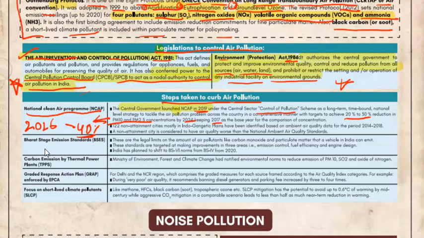Next it is given about the Bharat Stage emission standards. Okay, we all know we have shifted directly from BS4 to BS6. BS6 means we have skipped BS5. We have skipped BS5.